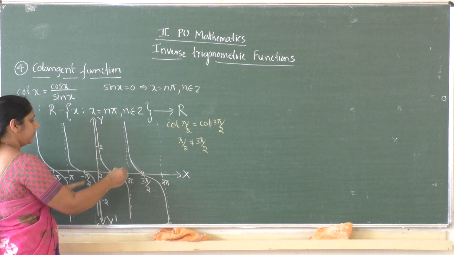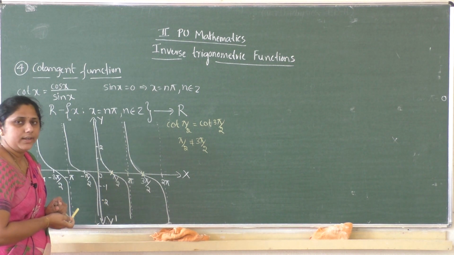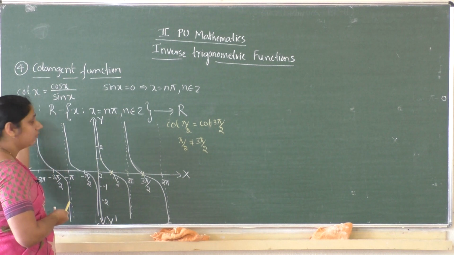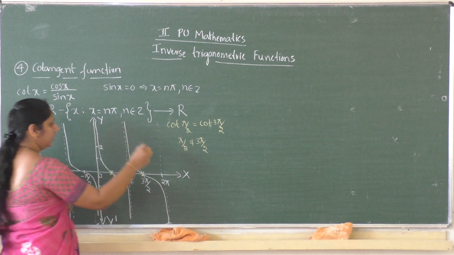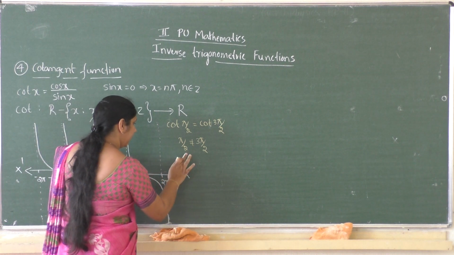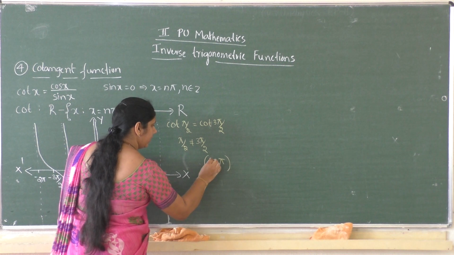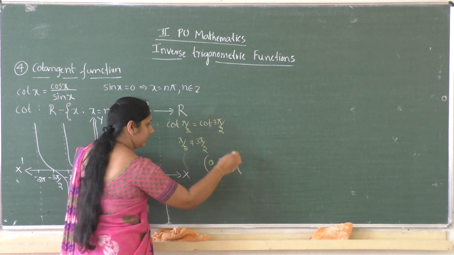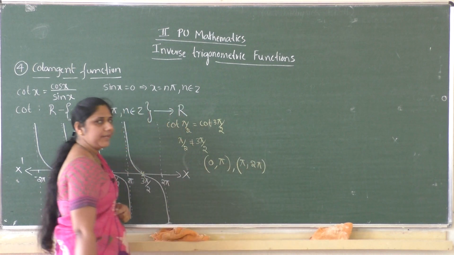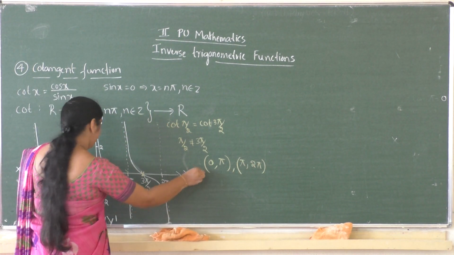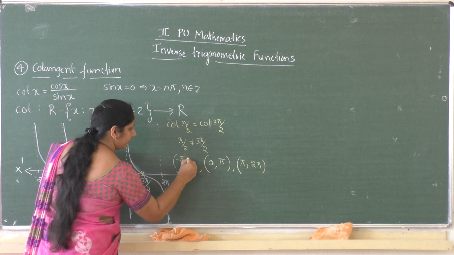So in this particular interval we restrict the domain, cot will be both one-one and onto, hence cot inverse will be defined. So we have to divide the domain into intervals like open interval 0 to pi, next open interval pi to 2 pi, or here minus pi to 0, and so on.